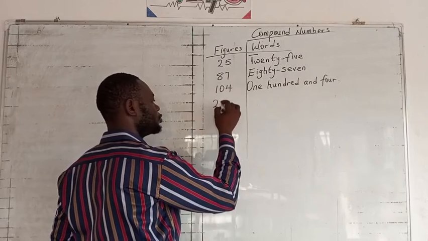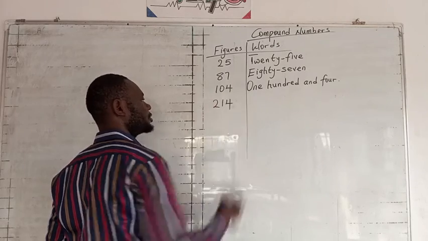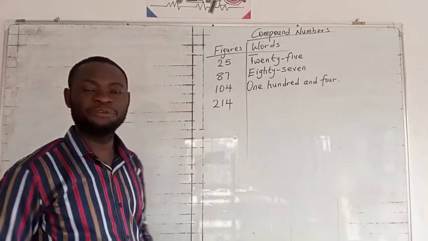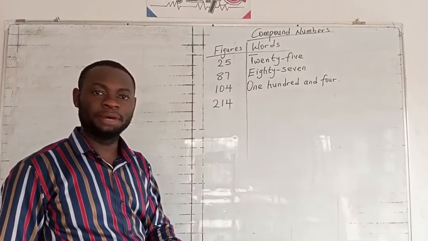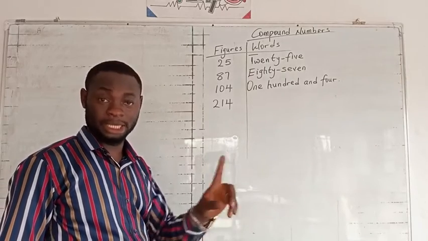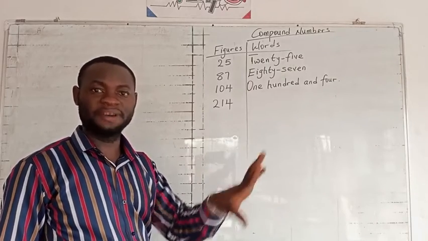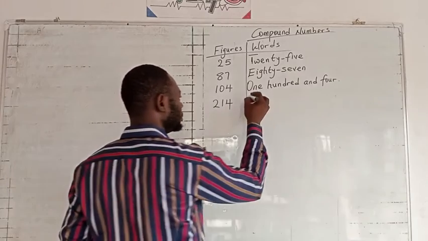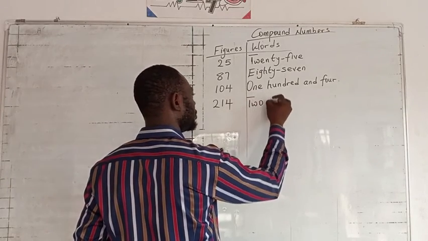Let's say here we have 214. 214 is a compound number made up of 200, an ending number, and 14, a foundational number. So this is spelled 214.